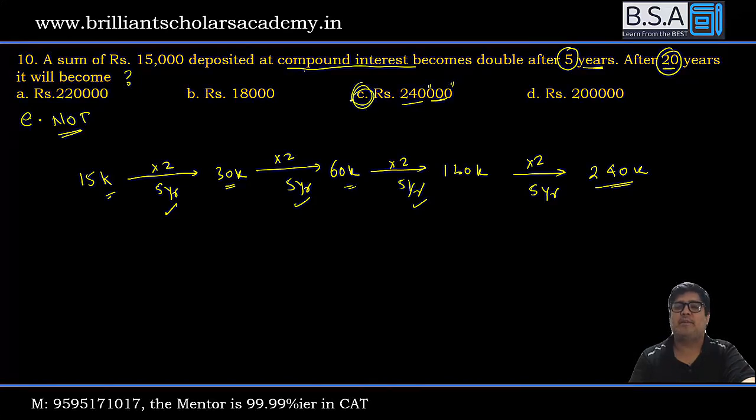Answer option C. It is doubling every 5 years. So basically, how many cycles of 5 are there? There are 4 cycles. So double, double, double, double, 4 times. So it will turn 15,000 into 2 lakh 40 thousand. Yes. Make that correction.